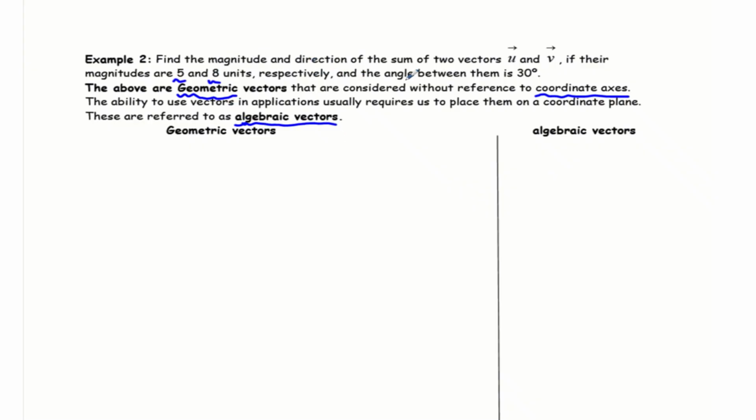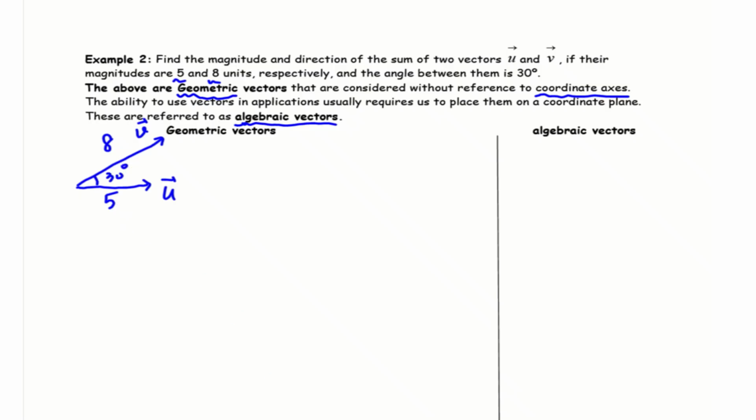So 5, 8, and 30 degrees. We could just draw it. So U, we just draw it randomly. U is 5 and V is 8. The angle between these two is 30 degrees.